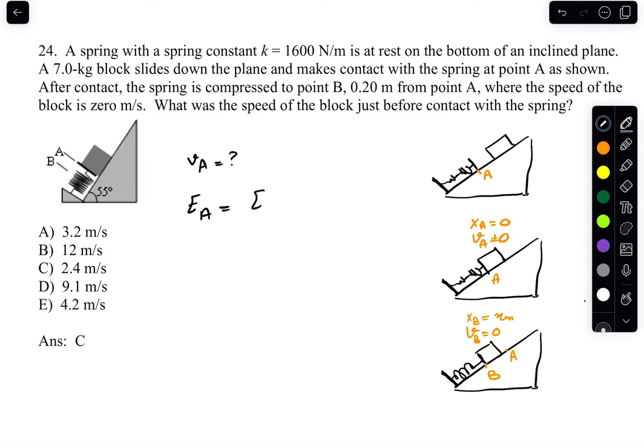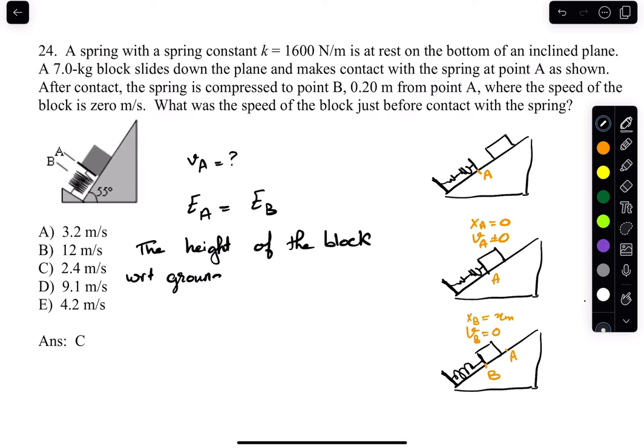I will say that the energy at A equals the energy at B. Now, one important thing to notice is that between A and B, the height is changing. So we basically have to account for gravitational potential energy.